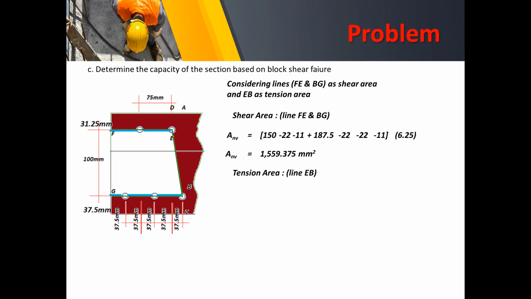Now, the tensile area is actually the line E to B. And that net tensile area is equal to 100, of course, minus 11. Why 11? The half of the bolt at E, and another 11 for the half dimension of the bolt at B. So this is actually the line for that one.